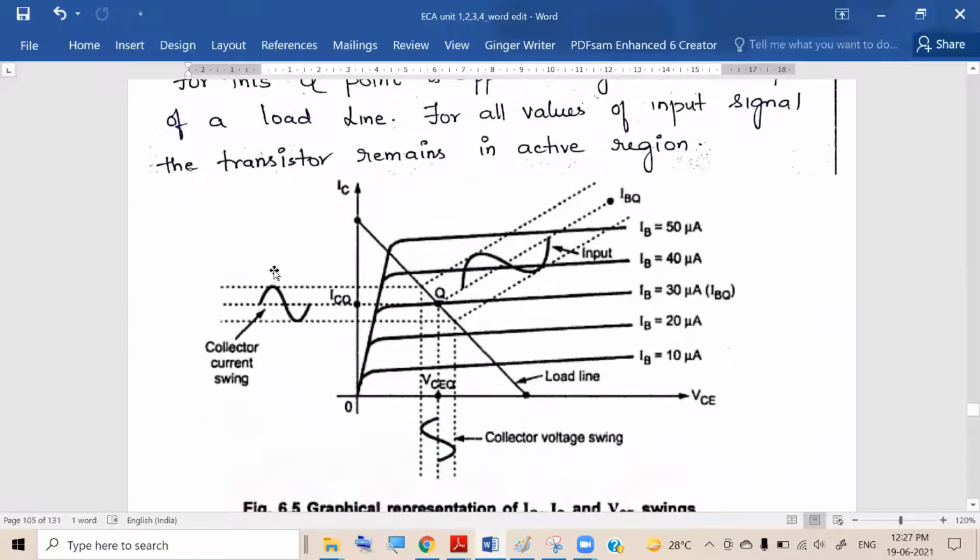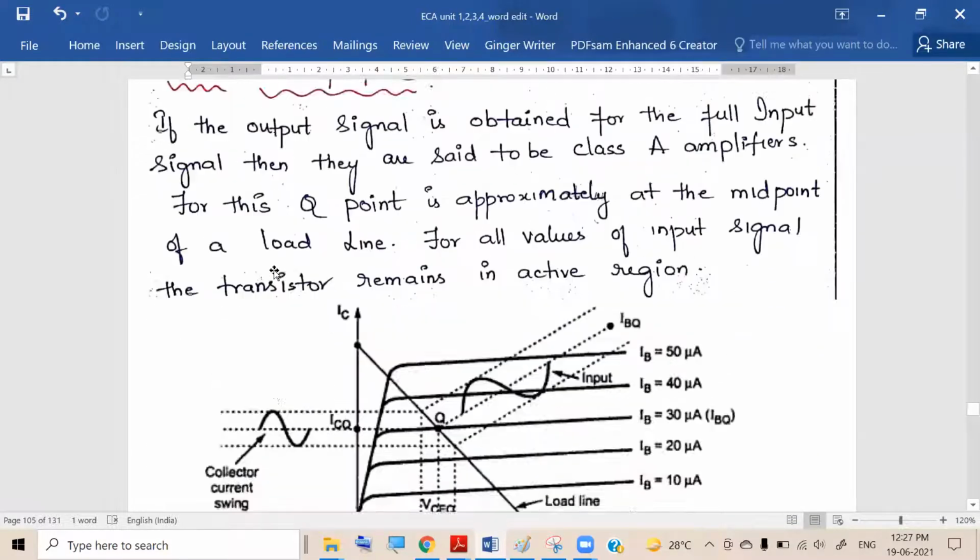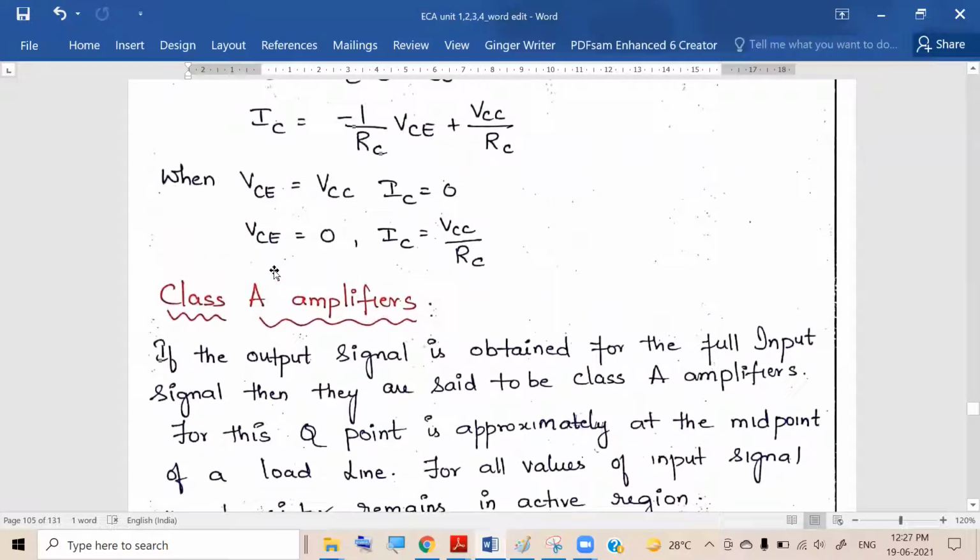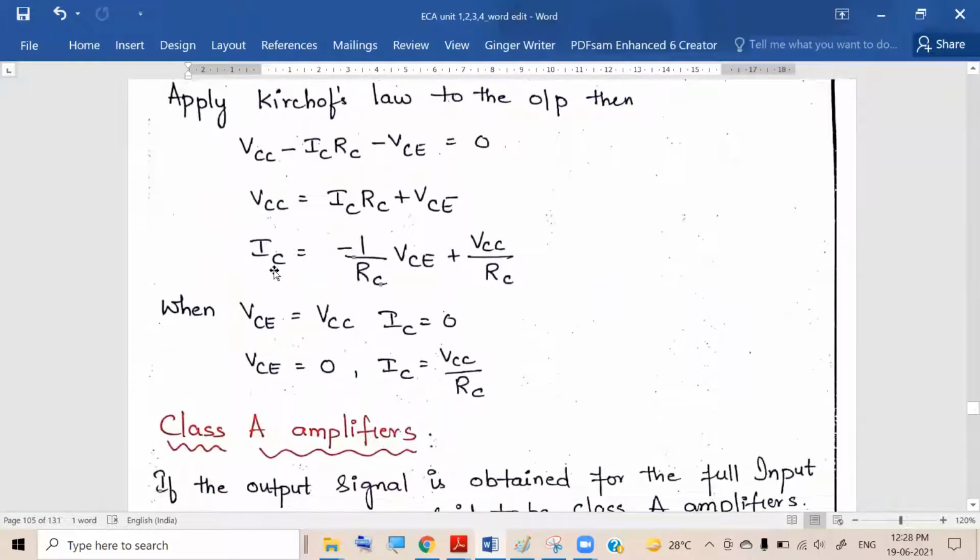So first, let us discuss what we mean by operating point. When you say point, it is a fixed value of x coordinate and y coordinate. So what do we mean by operating point?